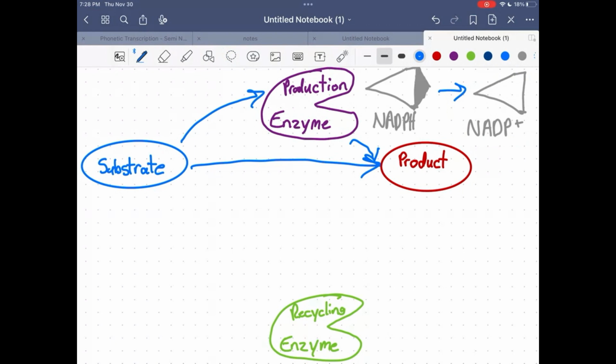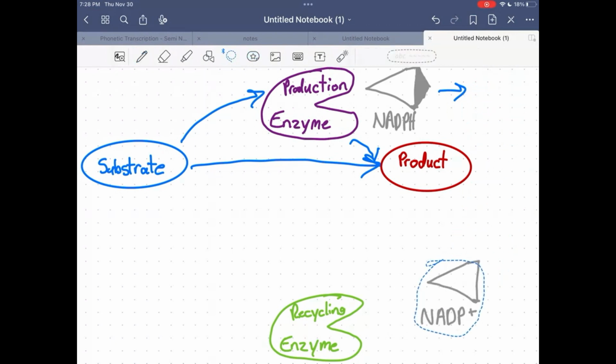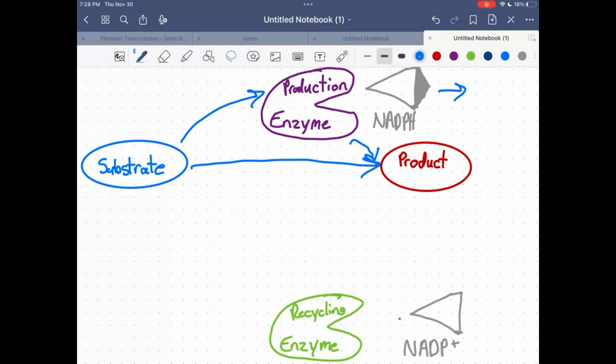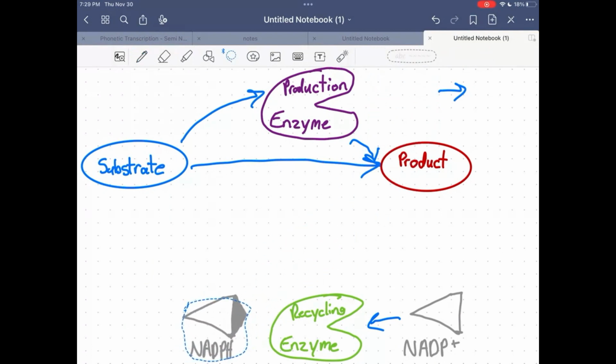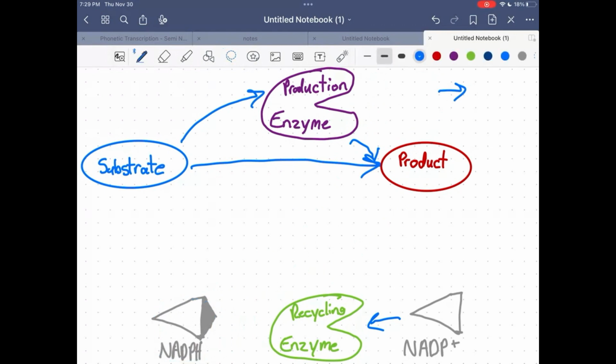Therefore, the NADPH needs to be brought back through the use of a recycling enzyme. So the NADP+, after the process, goes through a recycling enzyme to output NADPH. This NADPH can then be used for another reaction with the production enzyme.